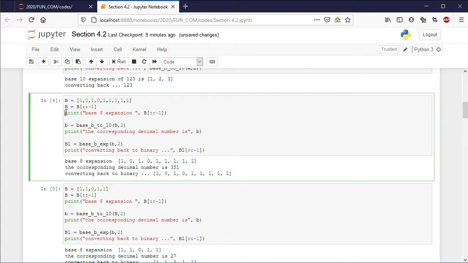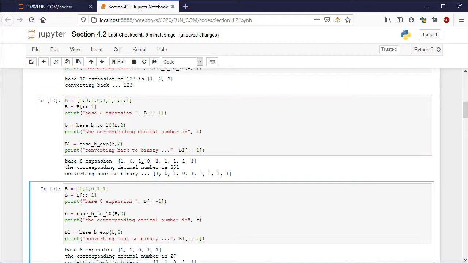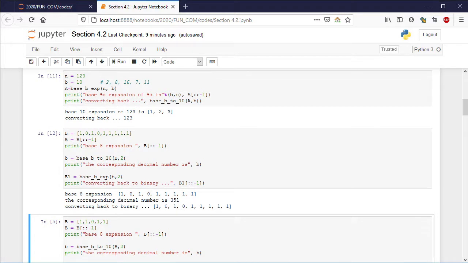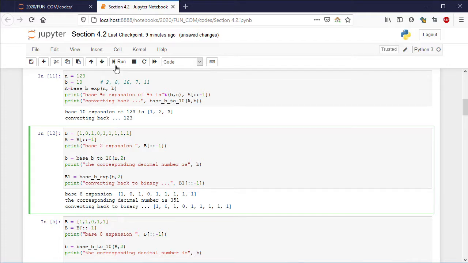And then we have this base 8 expansion, and I try to convert that to a number, and then convert that back to binary. Eventually, you're going to find that this is the base 2 expression.